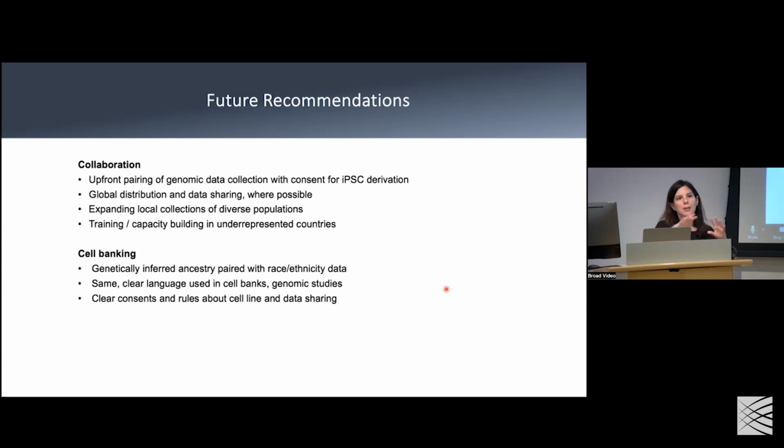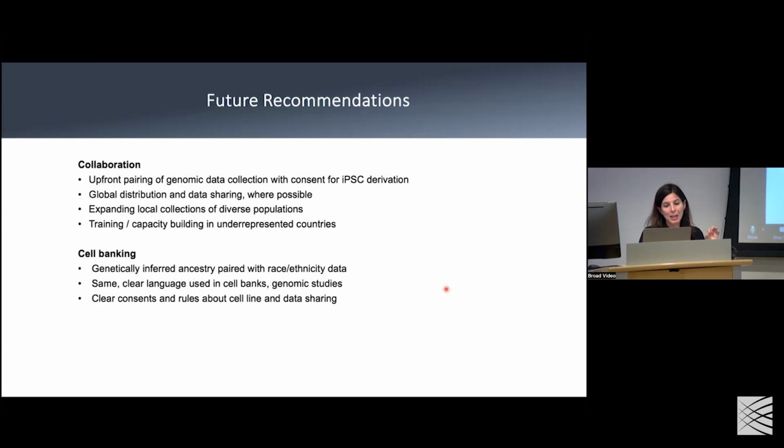However, it is not necessarily accessible to all labs. But as the field is moving towards these large repositories, being able to make use of this data and use genetically inferred ancestry paired with race and ethnicity, as opposed to just self-reported, will greatly increase the value of these lines and their reliable use in downstream studies.